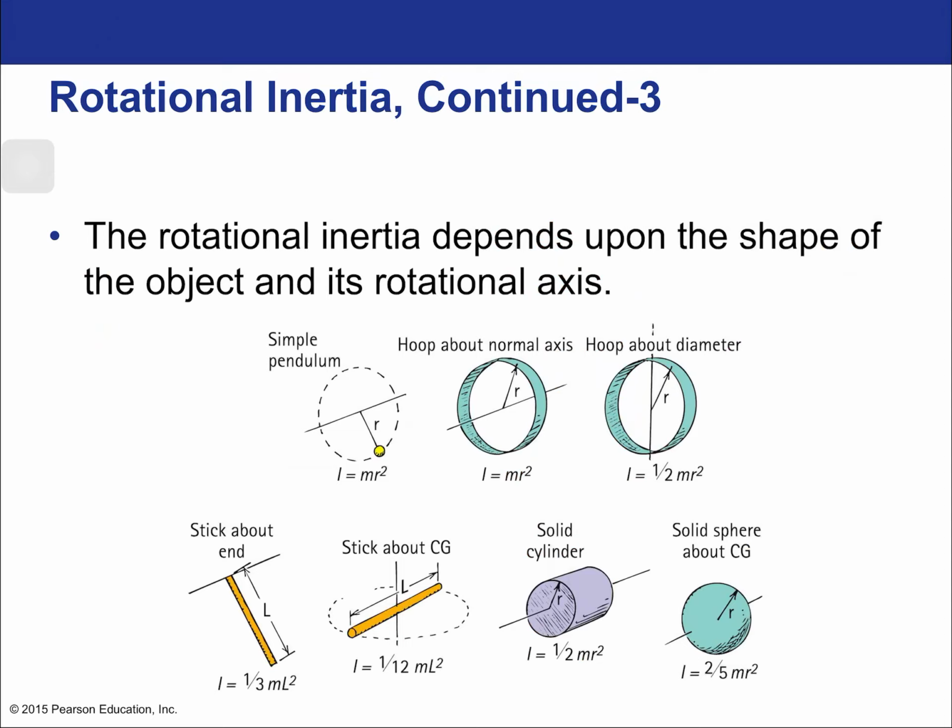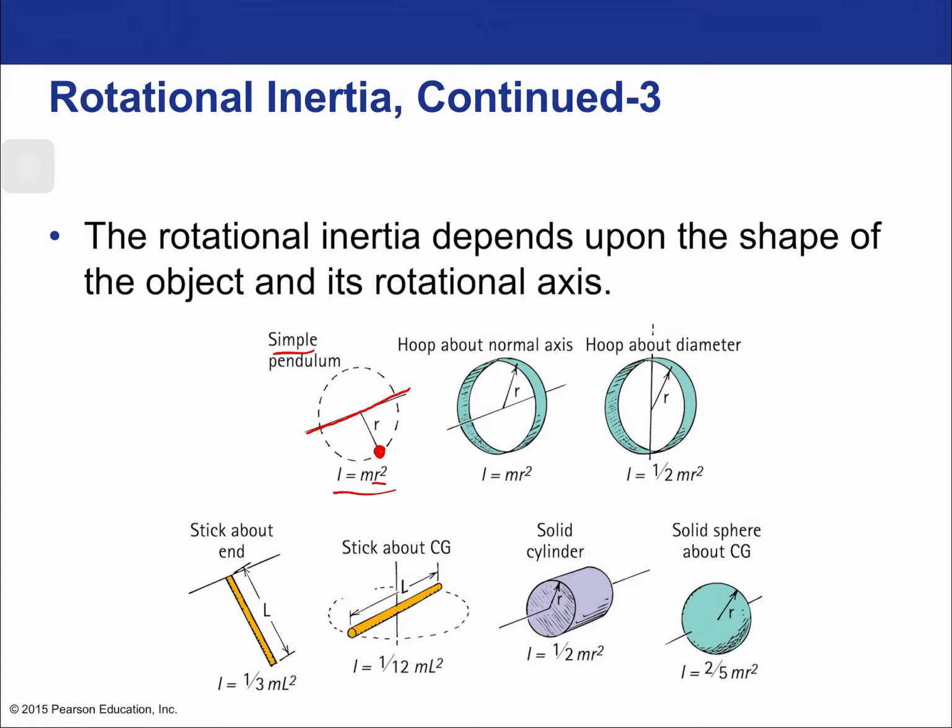A pendulum has the largest moment of inertia there is, and we call it a simple pendulum because all of its mass is assumed to be located in the yellow ball at the end of a massless string, and its moment of inertia is mr squared. That is the hardest thing to rotate because all of its mass is a maximum distance r away from the axis of rotation denoted here as that line that is meant to be 3D, in other words, coming in and out of the screen. Okay?